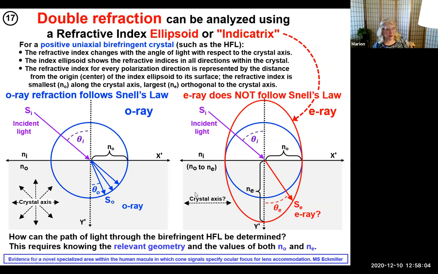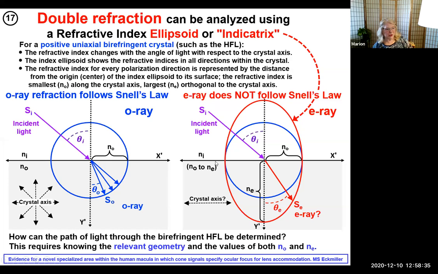So the refractive index within the crystal varies from n sub O for the O rays, which in this case is a small number, to the maximal refractive index for the E rays, which will be down in this direction if the crystal axis is in this direction.